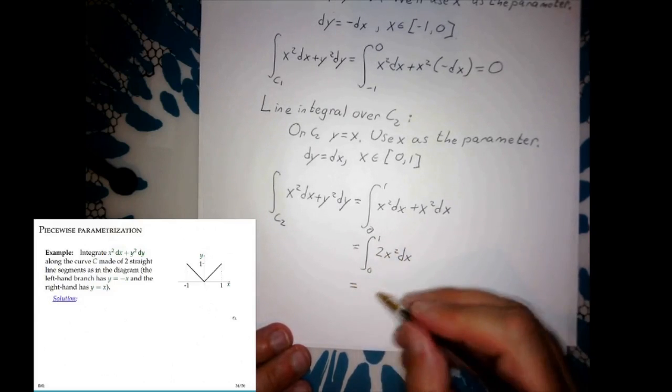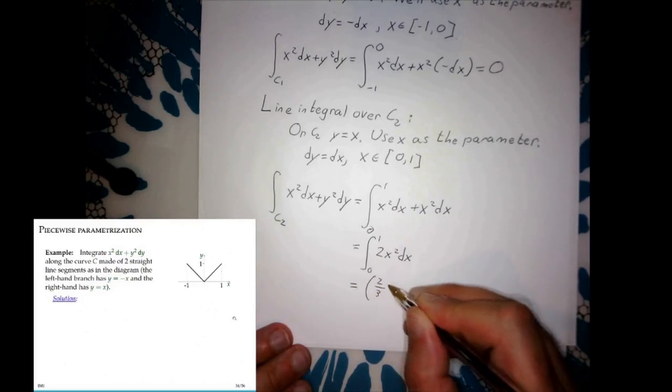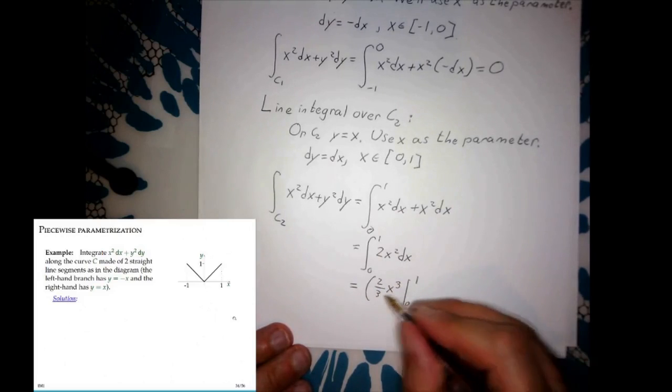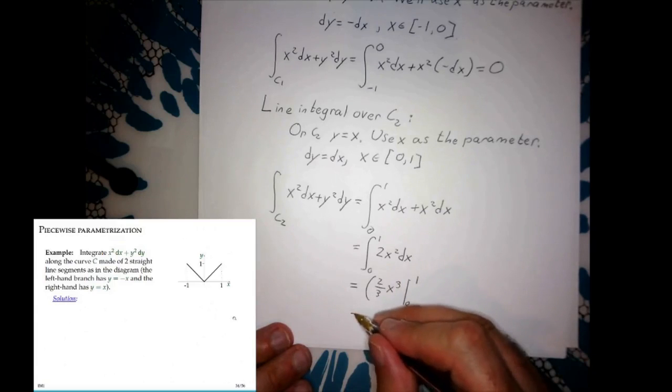And we find the indefinite integral of 2x squared, that's 2/3 x cubed from 0 to 1. And so when we plug in 1, we get 2/3. When we plug in 0, we get 0.